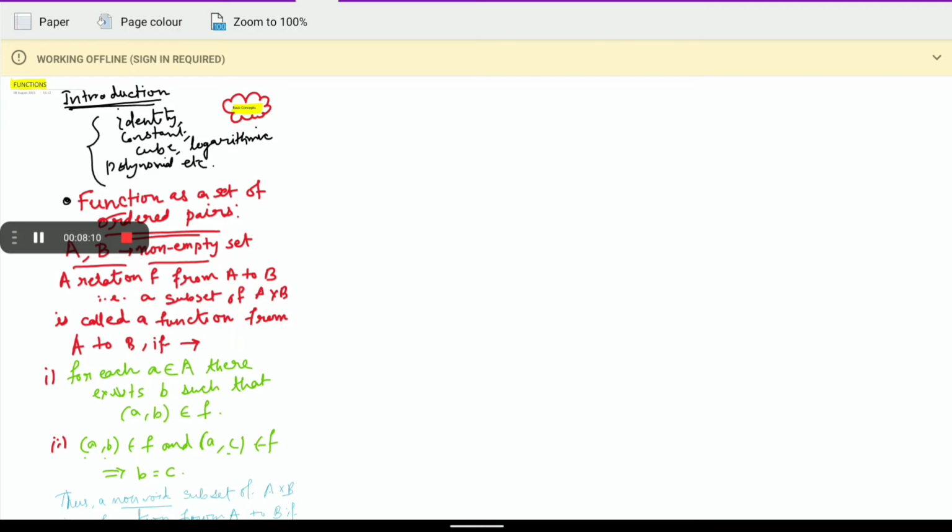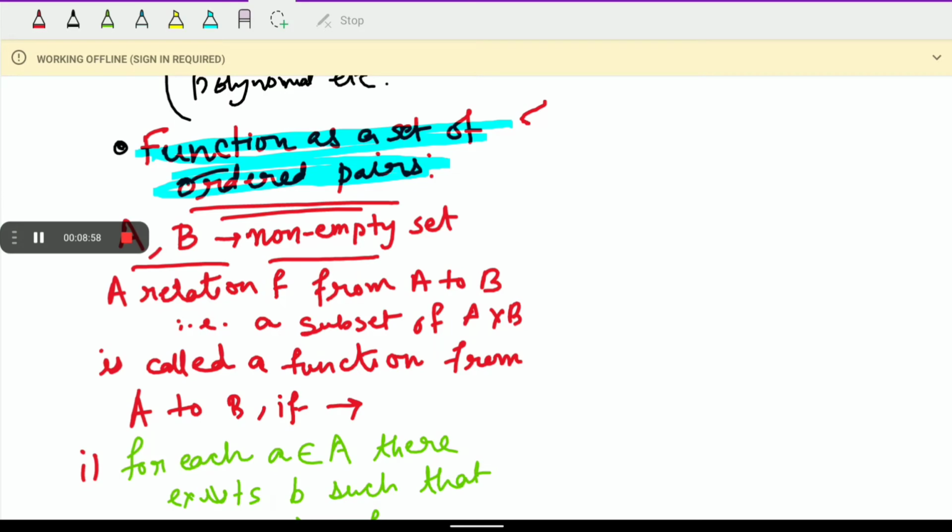First of all, the introduction: we already knew about some functions, that is identity, constant, cube, logarithmic, polynomial, etc. Now if we recapitulate the previous things, there is the function as a set of ordered pairs.